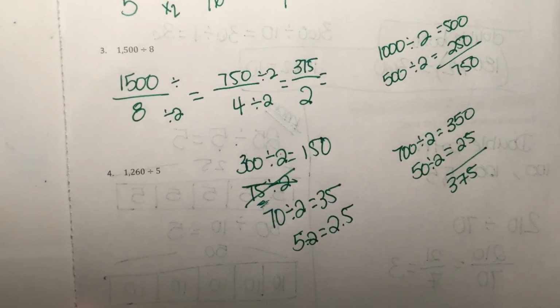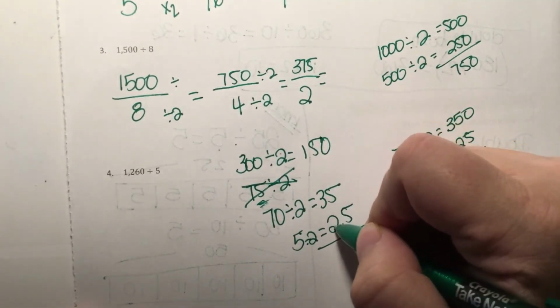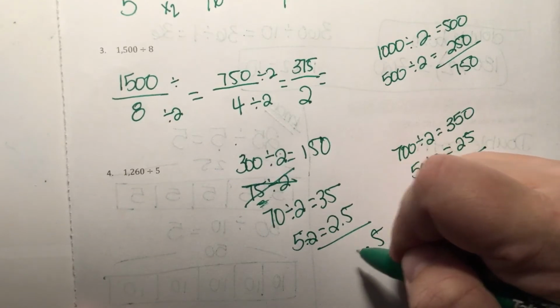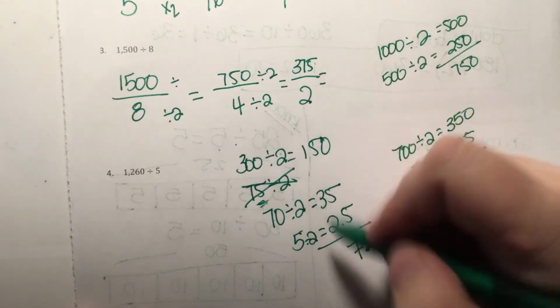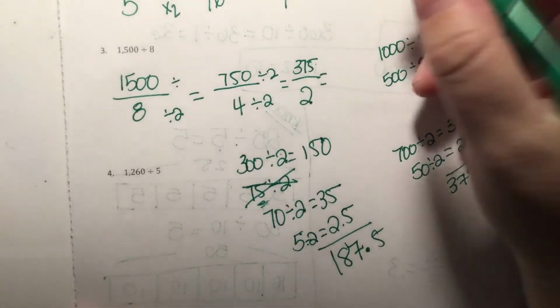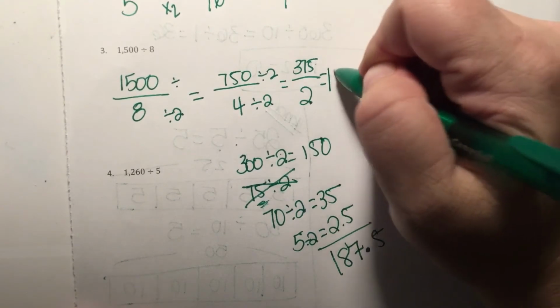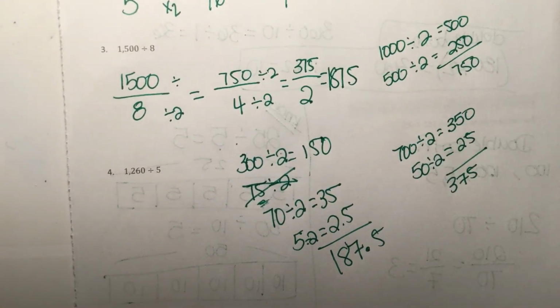So add it all together. Okay, so I know I have a 0.5 here. 0, 5, and 2 is 7, right? And then I have a 5, 6, 7, 8, and then a 1, 187.50, right? Double check my math. But I think we may have just, see why scratch paper is so helpful?